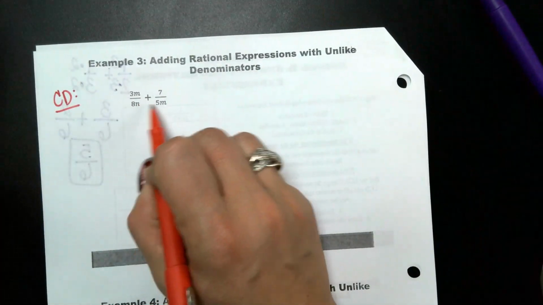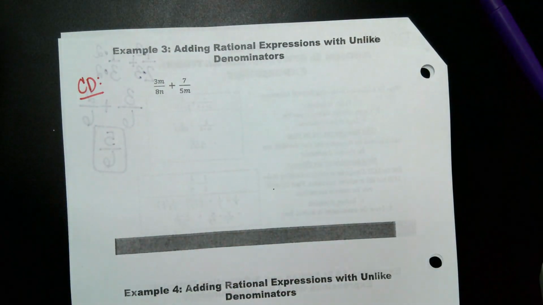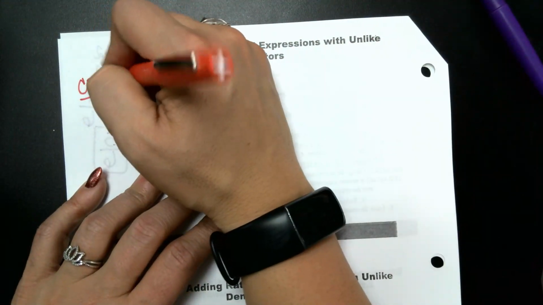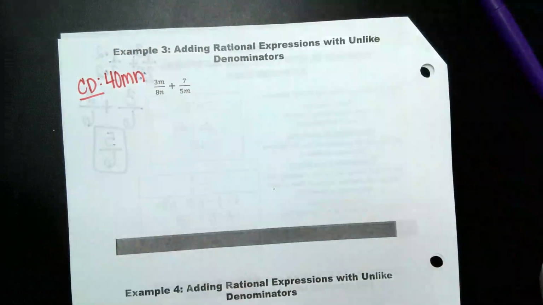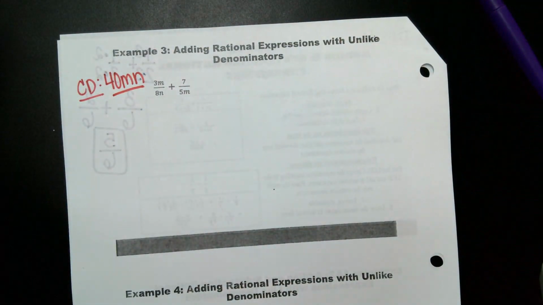Okay, so if I want to find a common denominator for these two, can't we just multiply them together? So what's 8 times 5? 40. And then what would happen with the n and the m when they just attach? I'm going to put m first. My common denominator is just multiplying the two of them together, and it's 40mn.